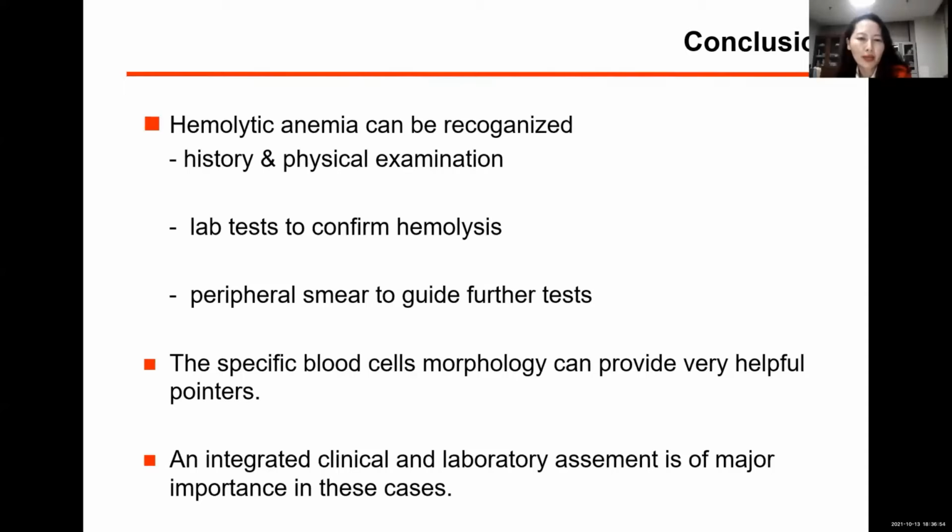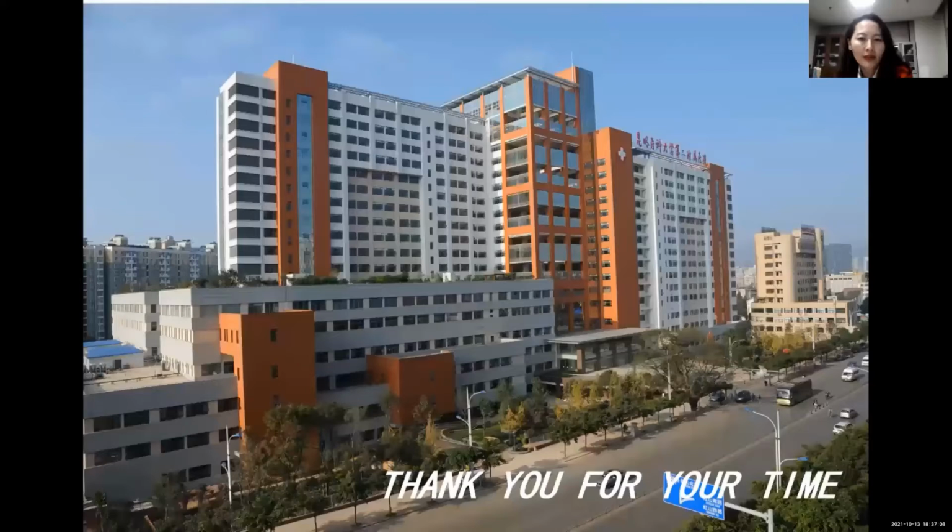The specific blood cell morphology can provide very helpful pointers. An integrated clinical and laboratory assessment is of major importance in these cases. Thank you for your time.